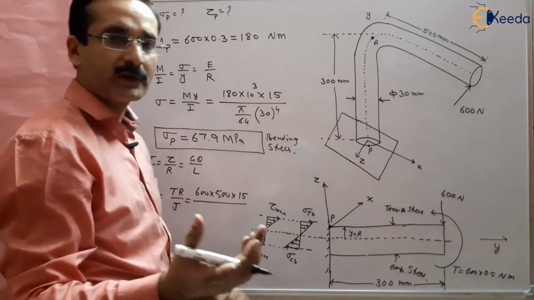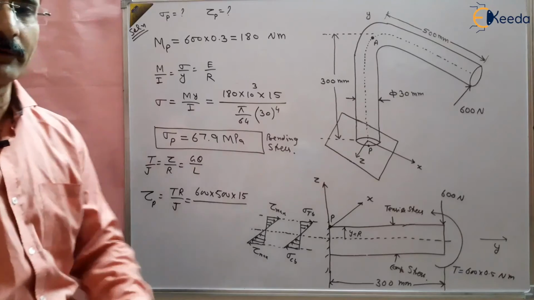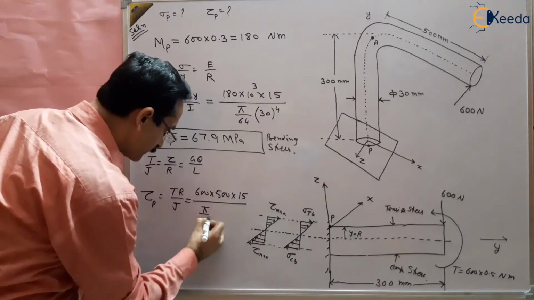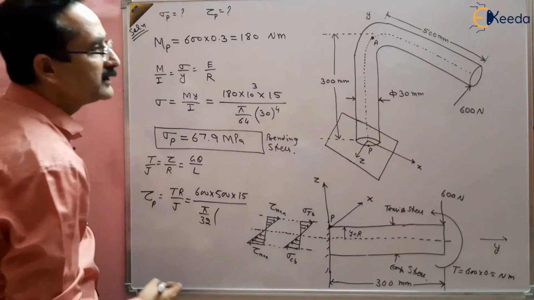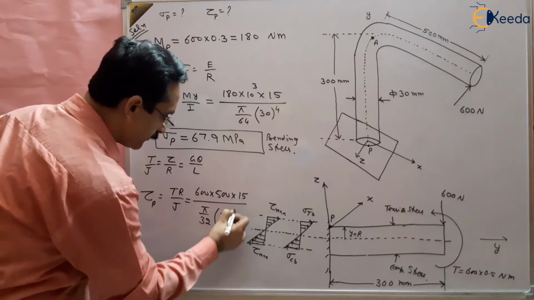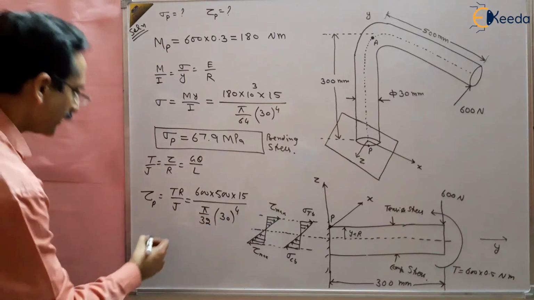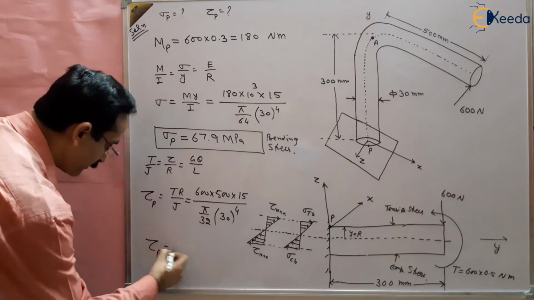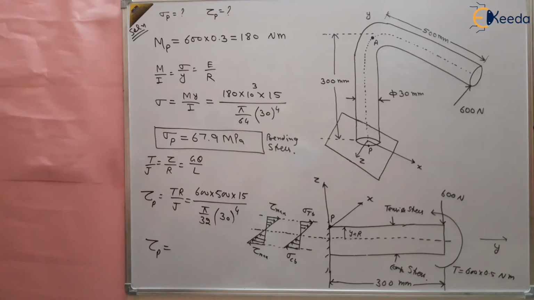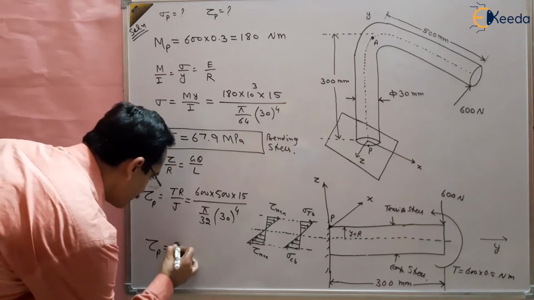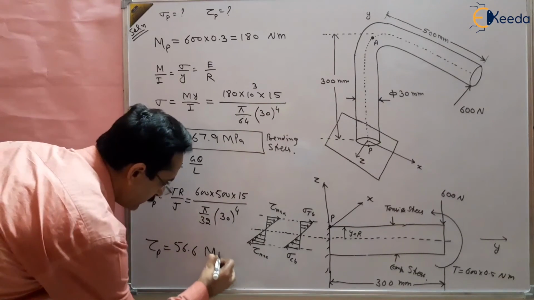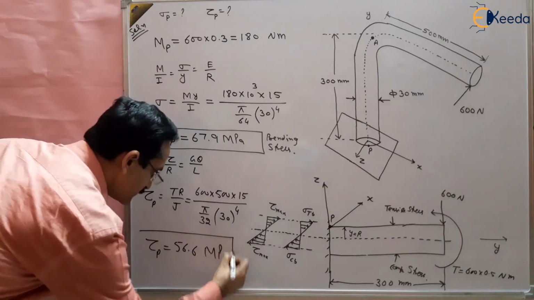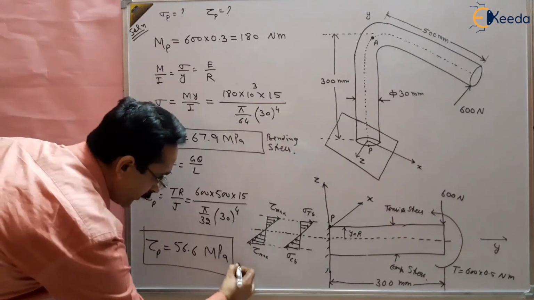The polar moment of inertia of the shaft is pi by 32 d to the power 4, with d as 30. Use the calculator and you will get the value as 56.6 megapascal. So this is the shear stress at point P.